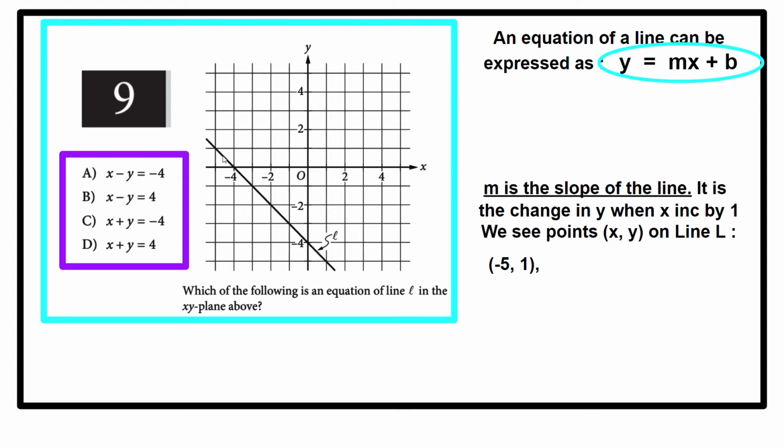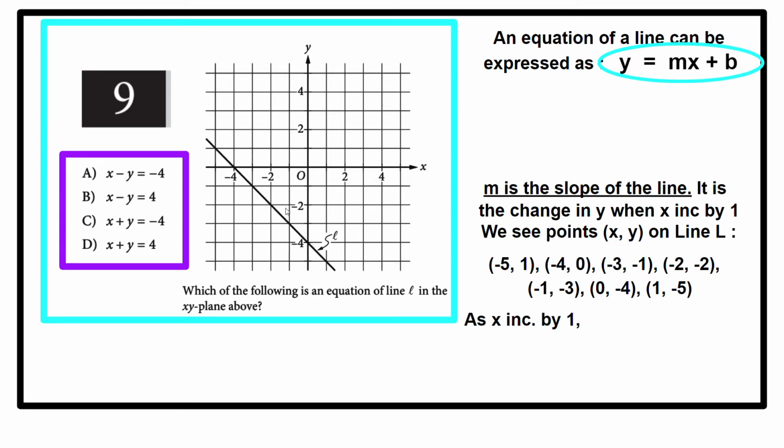We have (-5, 1), (-4, 0), (-3, -1), (-2, -2), (-1, -3), (0, -4), and lastly (1, -5).